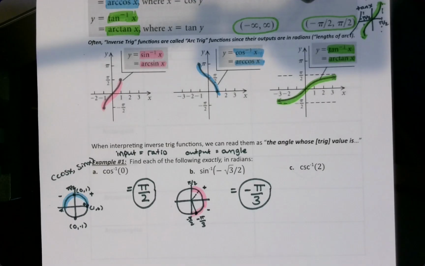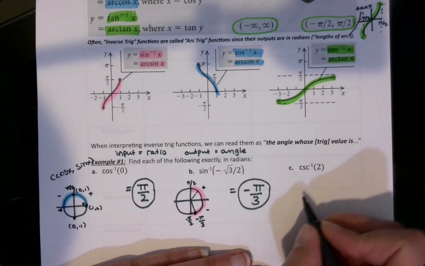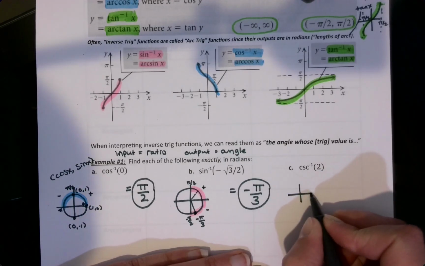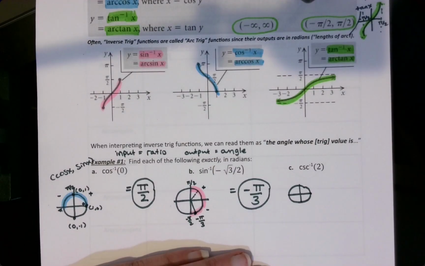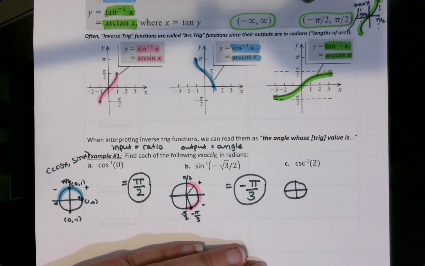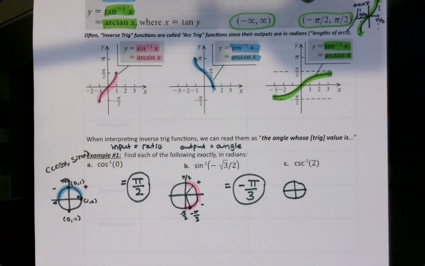Okay, and then this next one is the cosecant. Now, cosecant is a little harder for me to read off of a unit circle because the unit circle is about cosine and sine. But I can think about how I can relate cosecant to the sine, right?